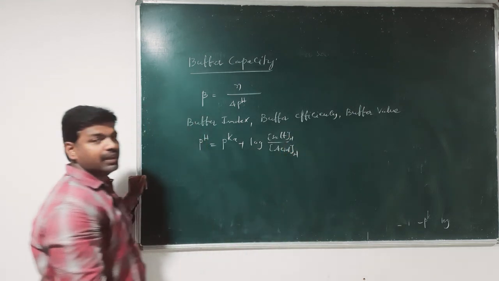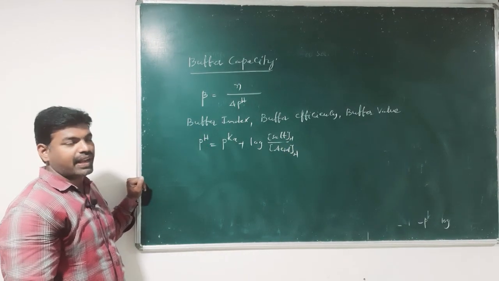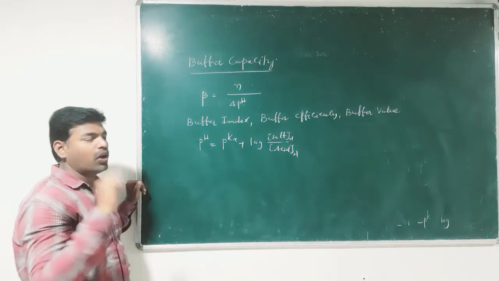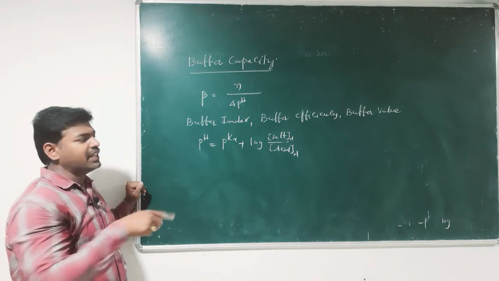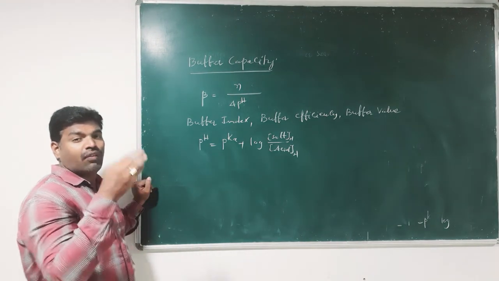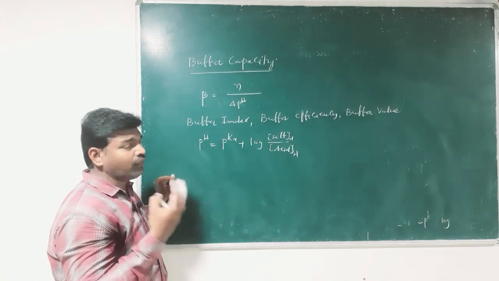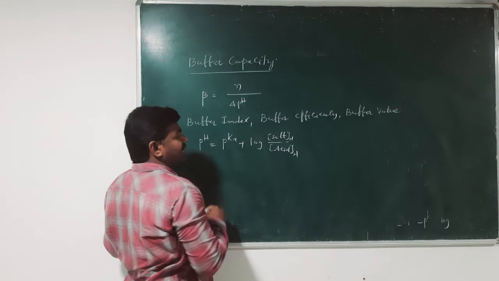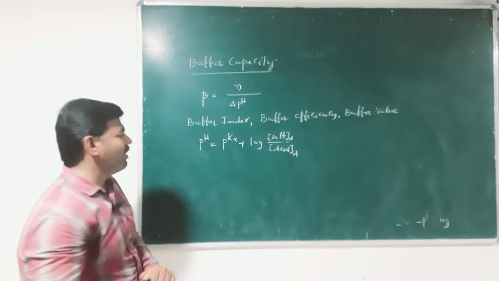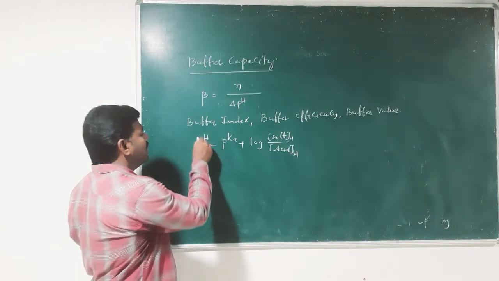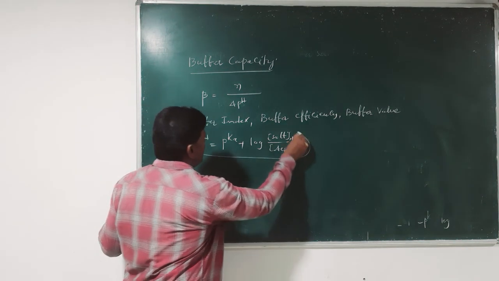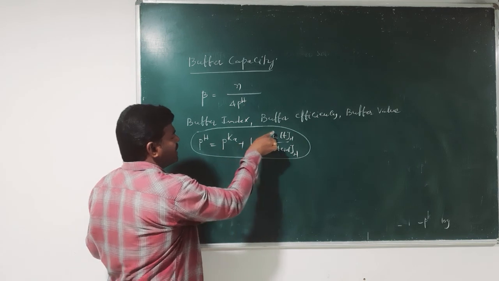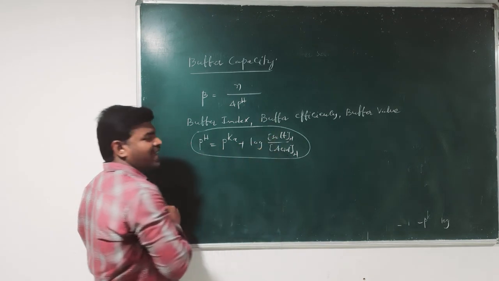From this equation we can understand the following statements. For example, in this equation, pH is equal to pKa plus log concentration of salt by concentration of acid.